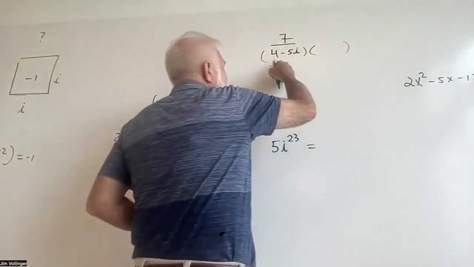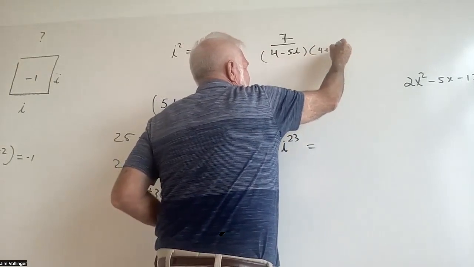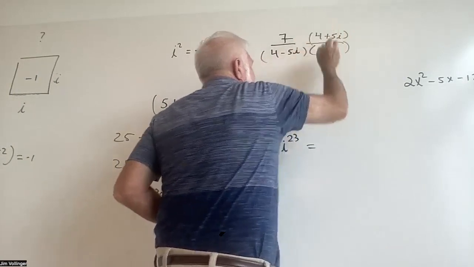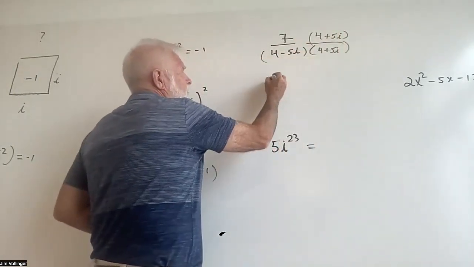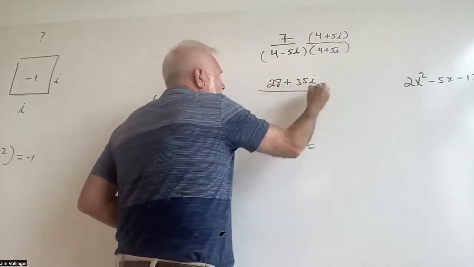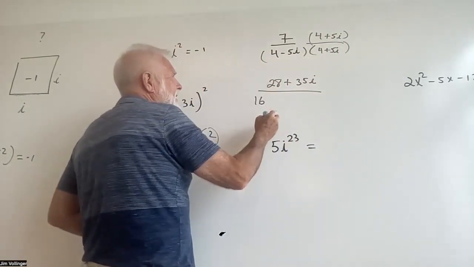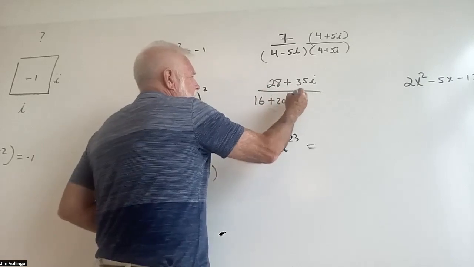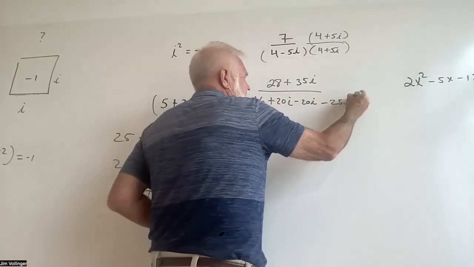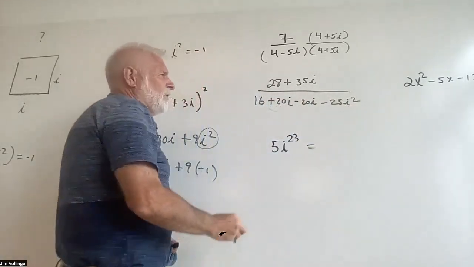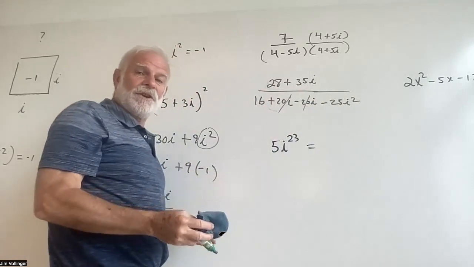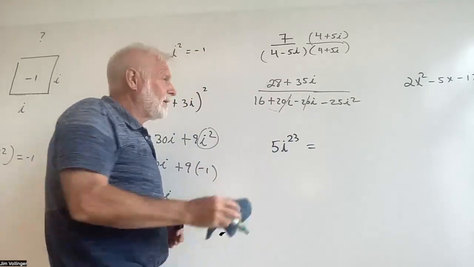And the conjugate of this is 4 plus 5i. And this is 4 plus 5i. And if we multiply that out, we get 28 plus 35i over 16 plus 20i minus 20i minus 25i squared. And we can see that these cancel in the middle, and the conjugate will always make that happen.